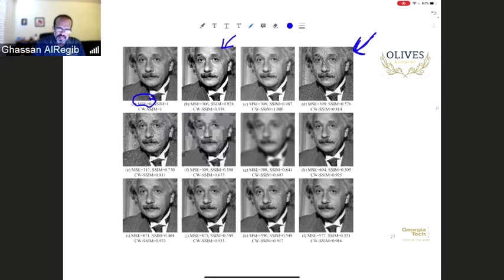However, the MSE values are the same or very close, like 306 and 309. This one is also 309. So the MSE is giving the same score to both of these images, but there is a big difference in the quality.